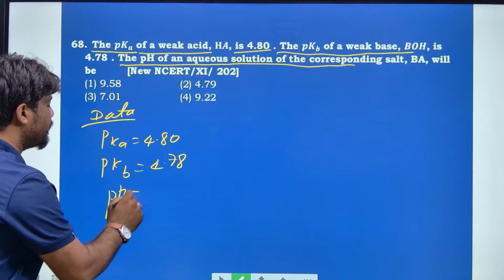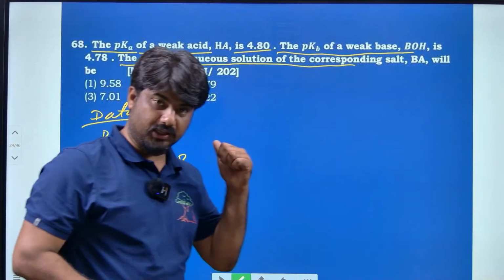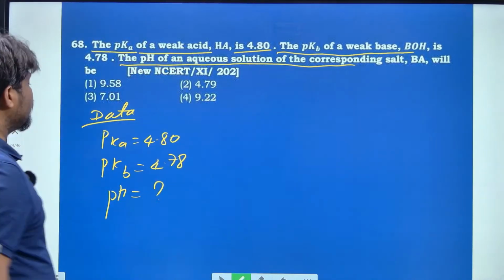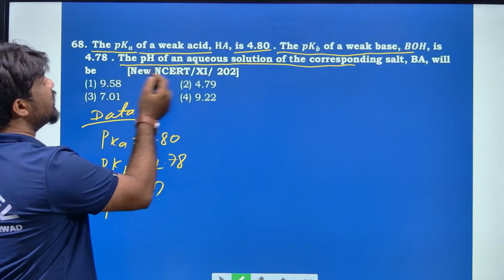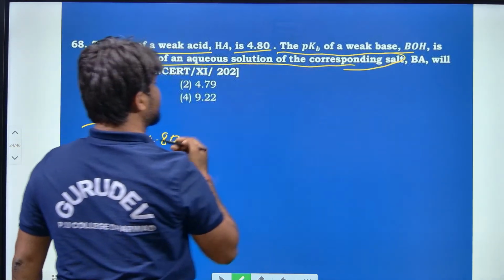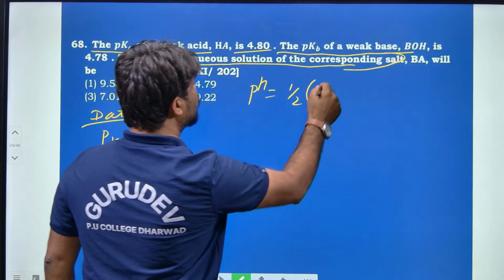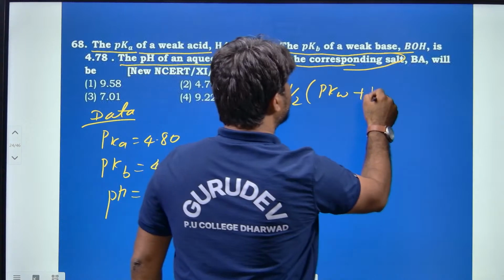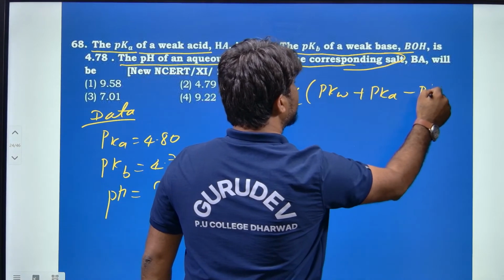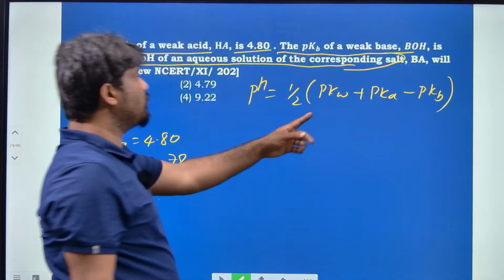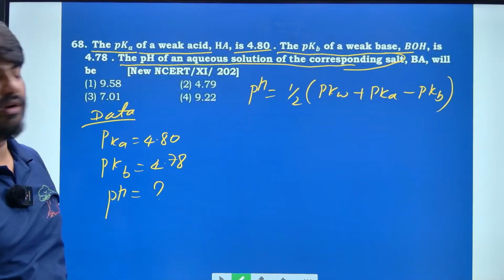For that, pH is equal to half into pKw plus pKa minus pKb. This is the formula we can use to solve this problem.